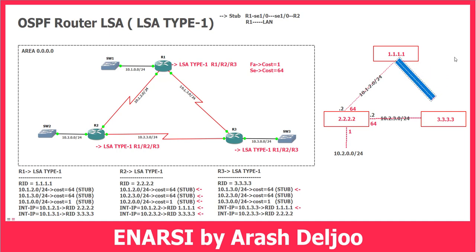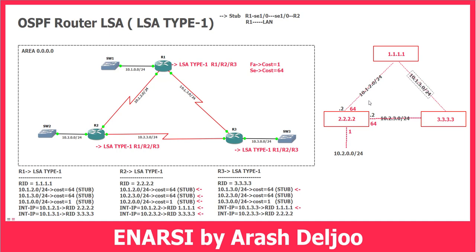Because router 3 sends us this information: I have connectivity with 10.1.30.3 to router 1. Here we have the IP address 10.1.30.3, and we know the range of this link is 10.1.30.0/24. Here you can see 10.1.30.0/24, and the cost of R3 to this subnet is 64.